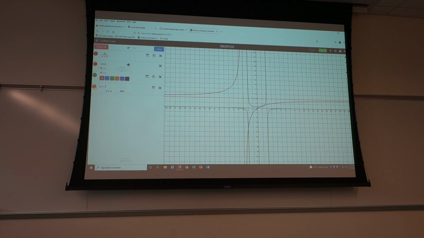Maybe red dotted lines. And the green one has dotted lines at 2, -2. And I see those 2.